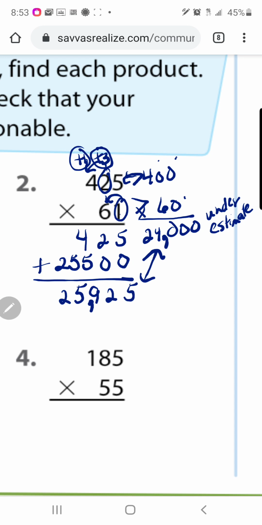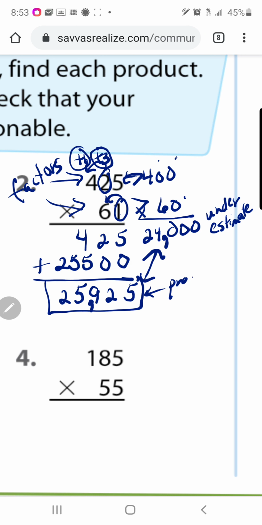Another thing I want to discuss is that 425 and 61 are what we call factors, and the answer down here is what we call the product, or we can also call it a multiple. So let's play with our vocabulary words here.